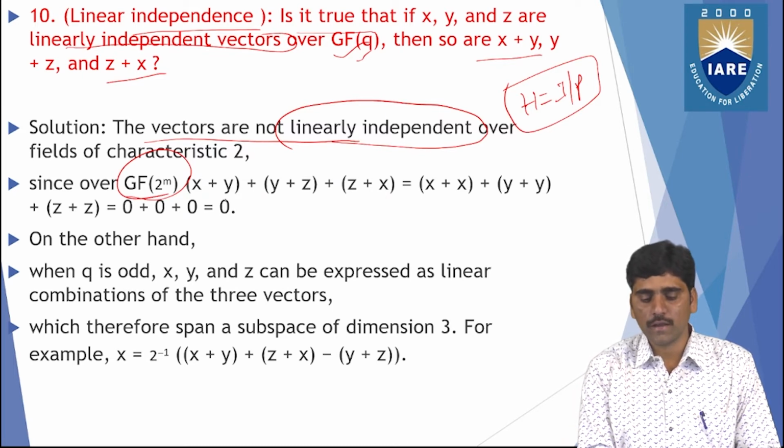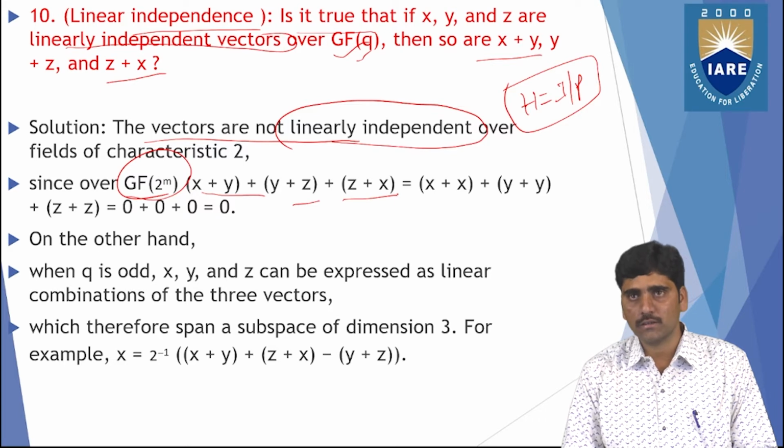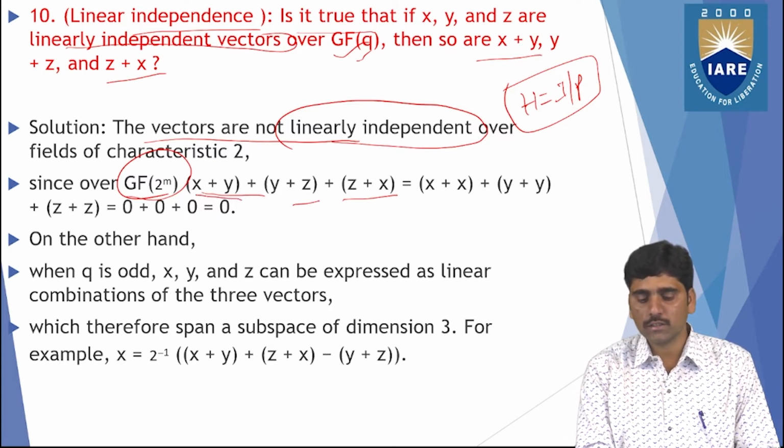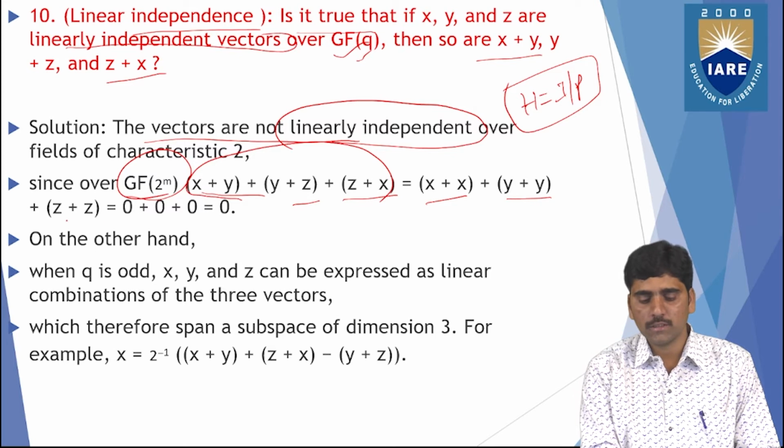we need to write it as x plus y plus z plus x. These three things are given, right? So we need to reconstruct this entire statement as x plus x plus y plus y plus z.